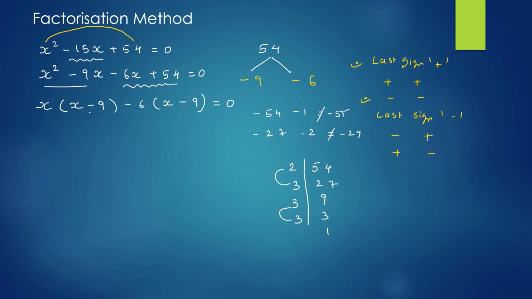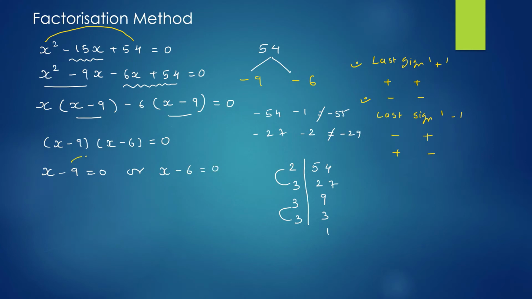Now one more thing: this x minus 9 and x minus 9, the two brackets will always come similar. If they are not similar, then there is a mistake in the sum. We will take x minus 9 as common, then x minus 6 is equal to 0. Now we will compare x minus 9 with 0, or x minus 6 with 0.